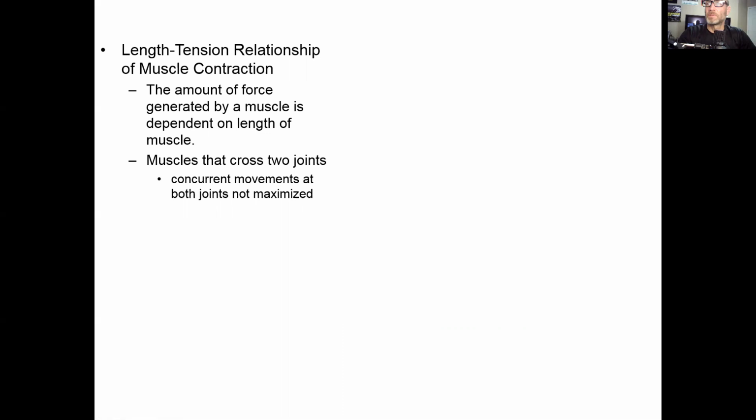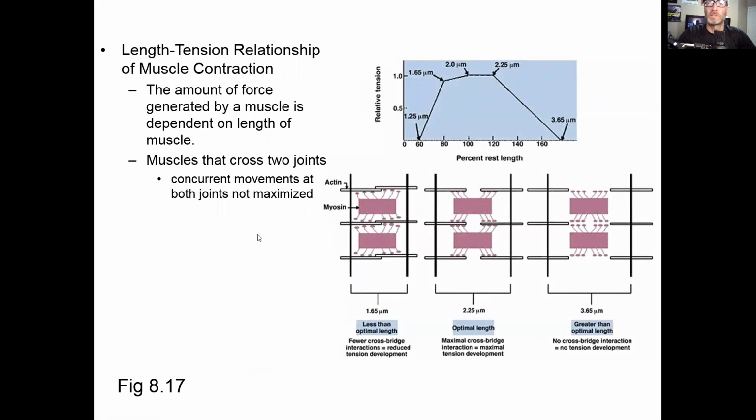Next relationship that we should know is the length tension relationship of muscle contraction. What this relationship tells us is the amount of force a muscle can generate is a function, in part, of how long the muscle is. So this graph here just illustrates that point, the relative tension.